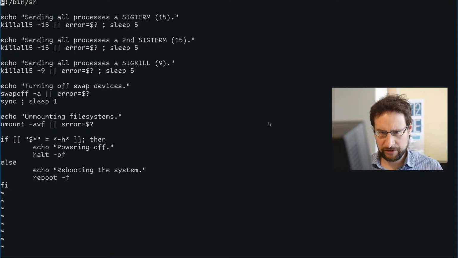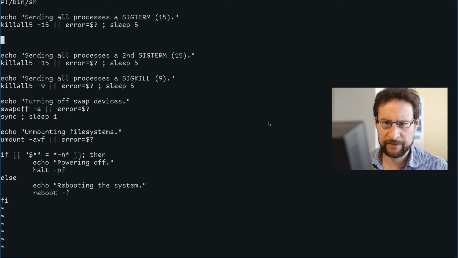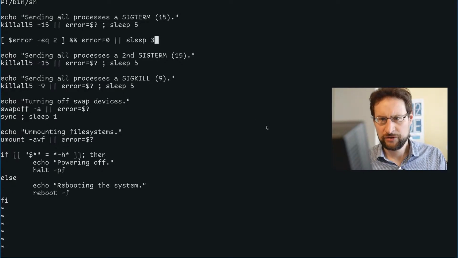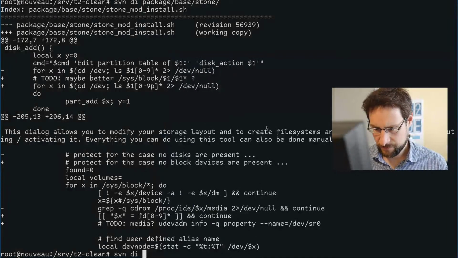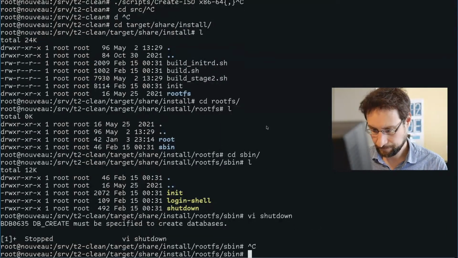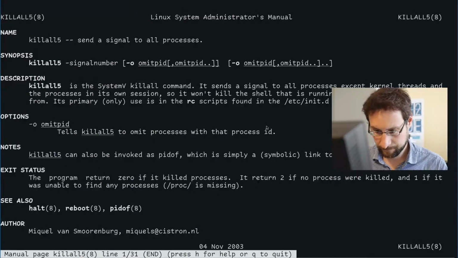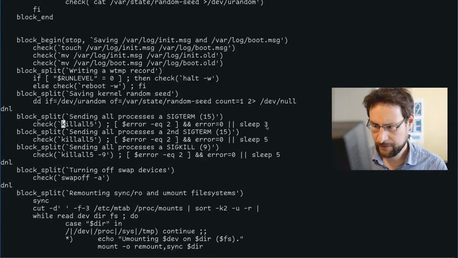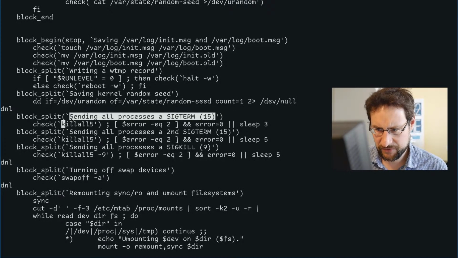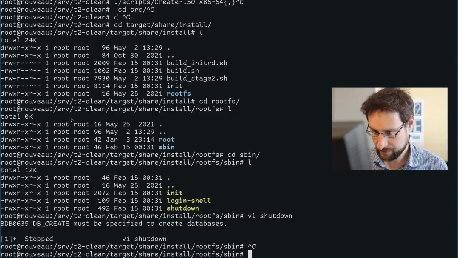So let's improve our installer shutdown time. Was it that one or no, here? We probably, you know what, let's sync those messages, because why not?